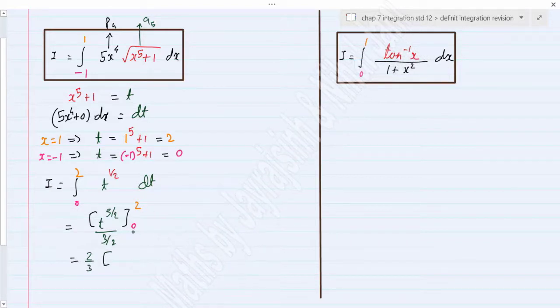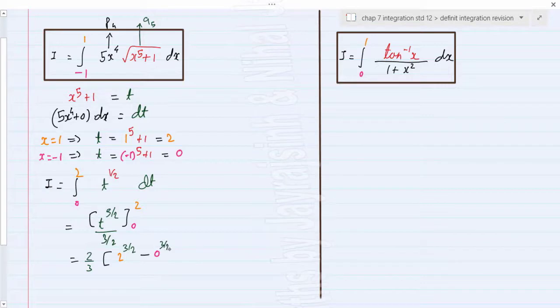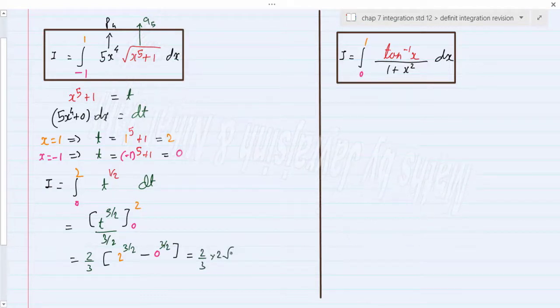Let's put upper limit, which is 2 raised to 3 by 2, minus 0 raised to 3 by 2, which is your lower limit. So finally, here we will get this 2 by 3 as it is. 2 raised to 3 by 2 is nothing but 2 root 2. So here we'll get 4 root 2 by 3 as your final answer. Ta-da!